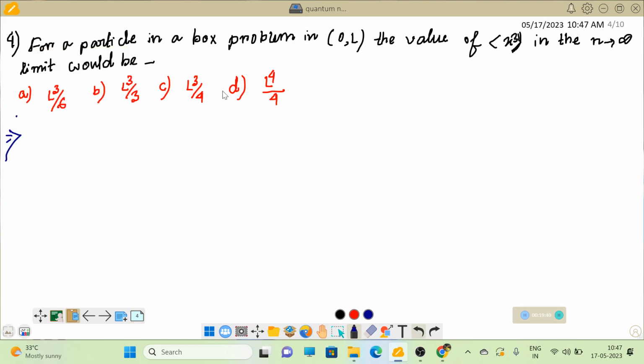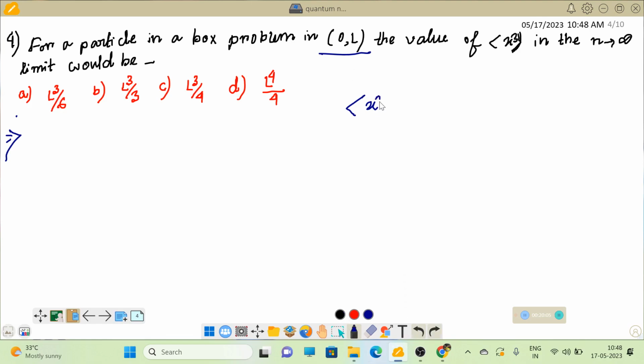So for a particle in a box of length L, you have to evaluate the average value of x cube. As I told, in your exam you have to be tricky. So you can take a short trick of this formula.